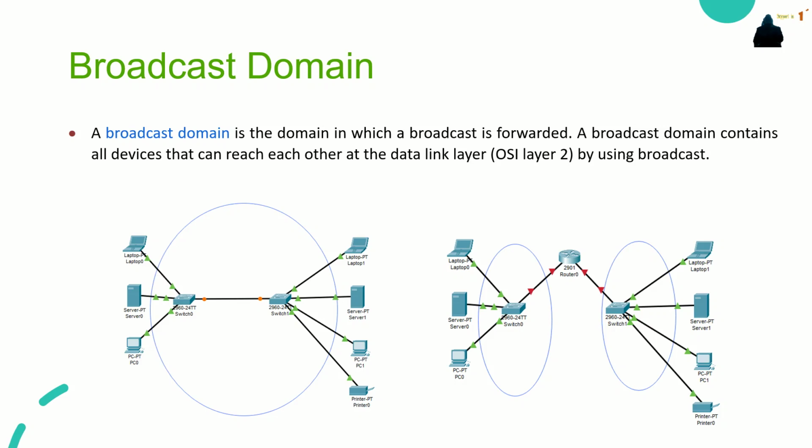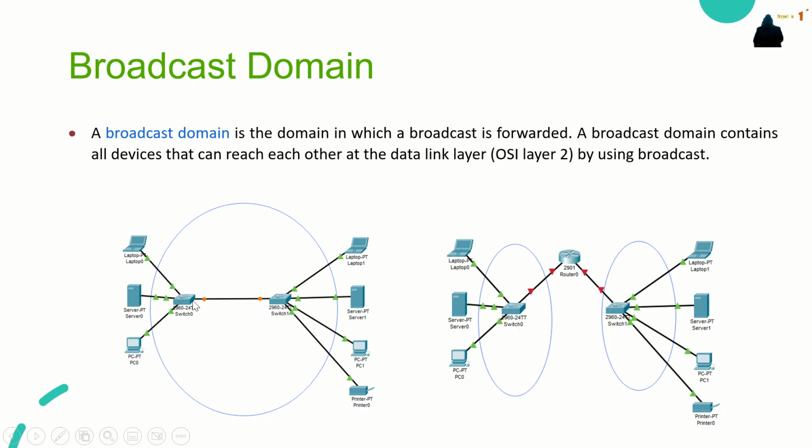And in this scenario, if you use a router here, router helps us to get two broadcast domains because for each of the router ports or router interfaces, you have one broadcast domain. You can see here, we have two ports and we have two broadcast domains.